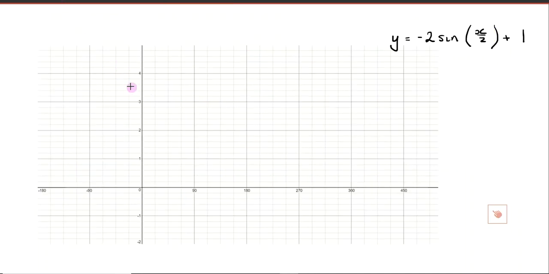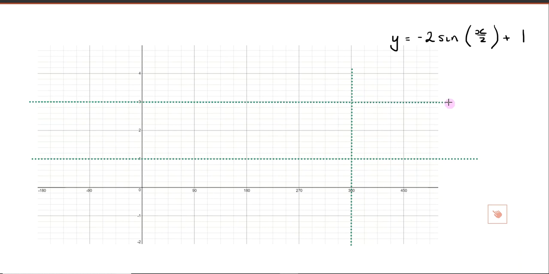Okay, so just go through it quickly. We've got +1 centre line, so there's my first line. Make sure we mark off 360. Amplitude is 2, so I'm going to go 2 above the centre line, and 2 below the centre line.